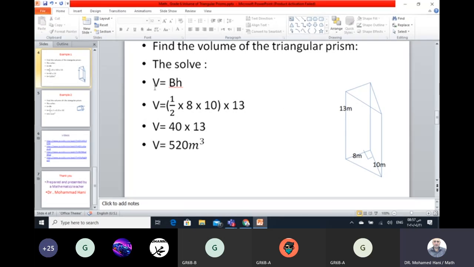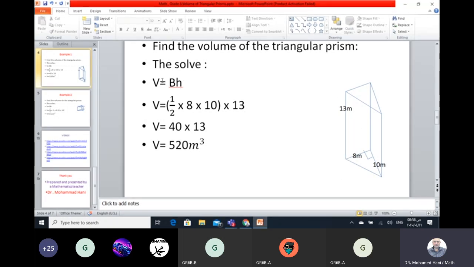V equals, V means the area of the base. Capital B here means the area of the triangle. And the height means the height of the prism. So here we have two heights, the height of the triangle and the height of the prism.